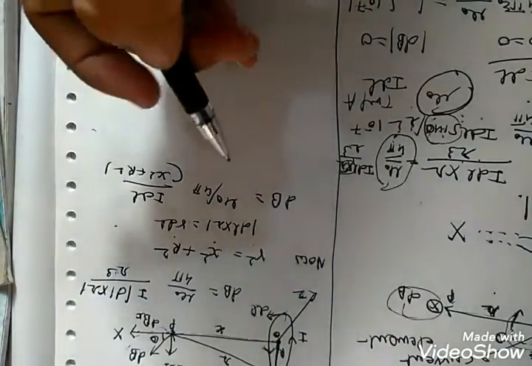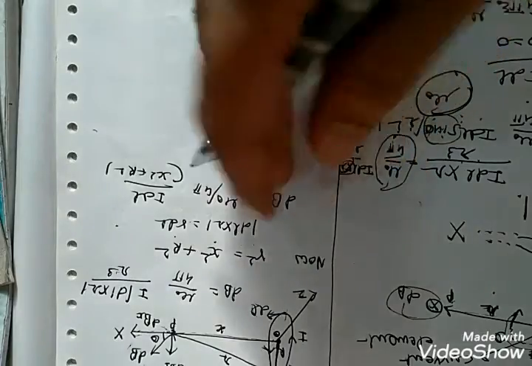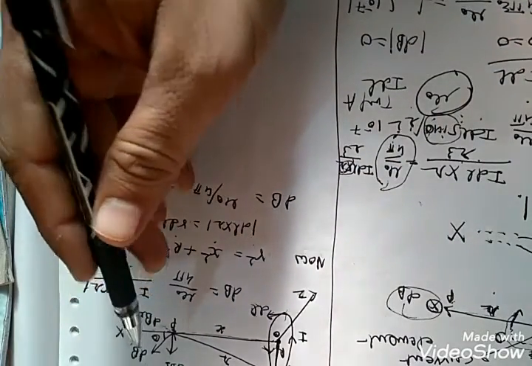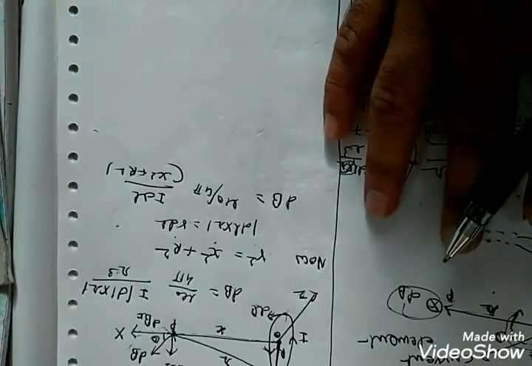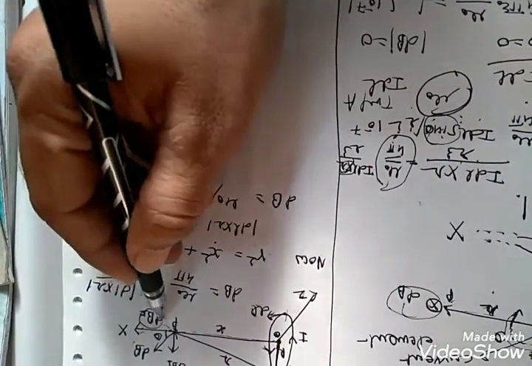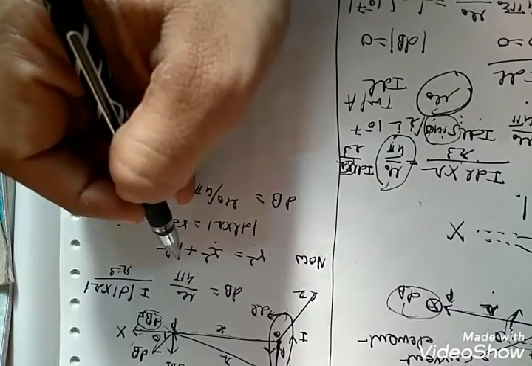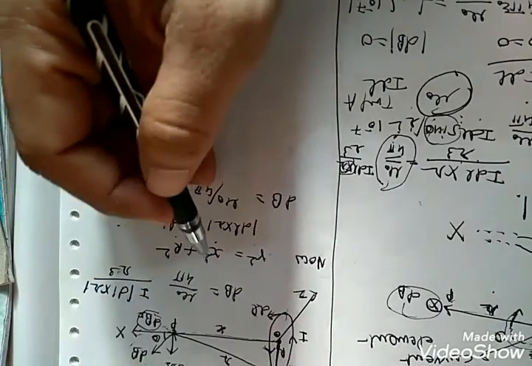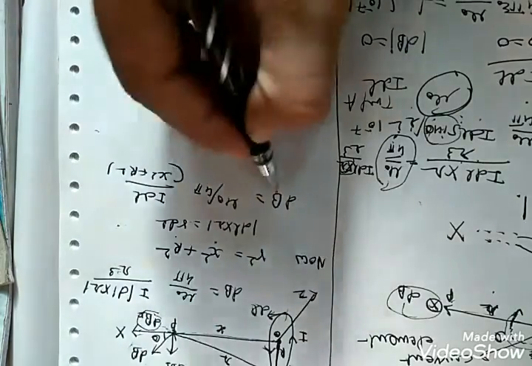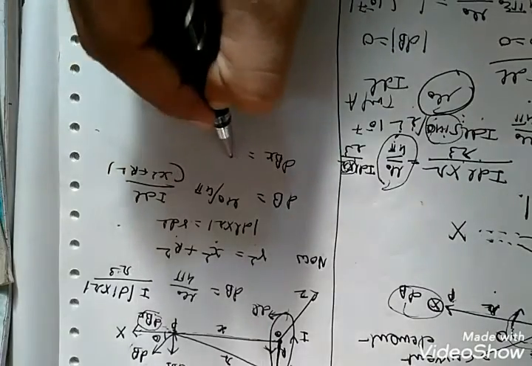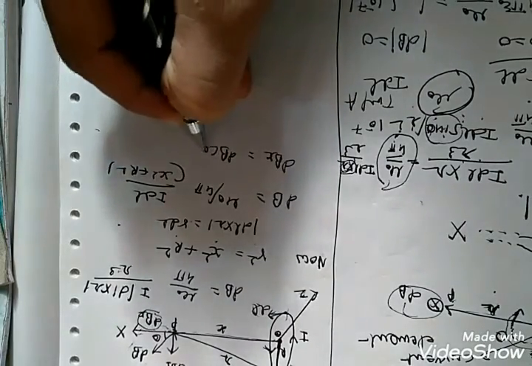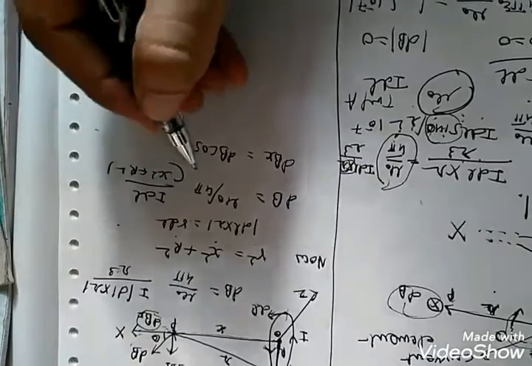Now in the figure, the direction of dB is shown. It is perpendicular to the plane of dl and r. Now the x component is dBx, which is equal to dB cos theta over the loop.